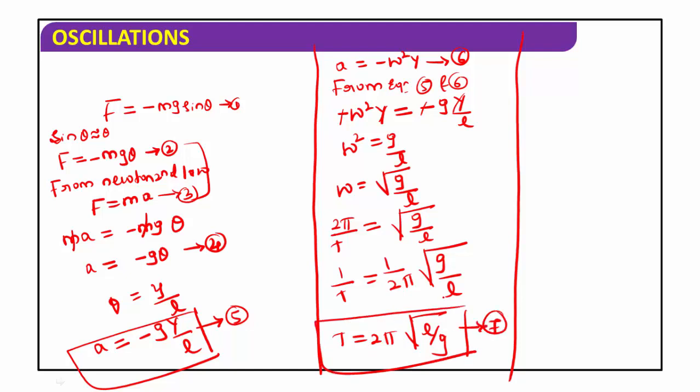This is equation number 7, the expression for time period of the simple pendulum when it performs simple harmonic motion.